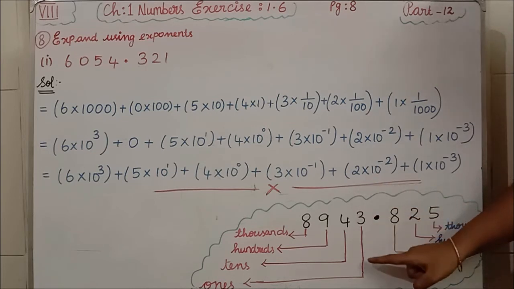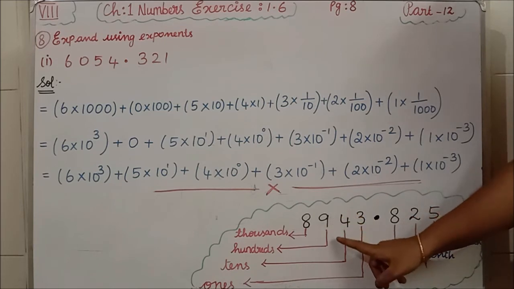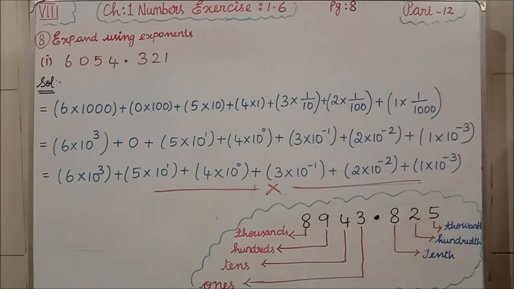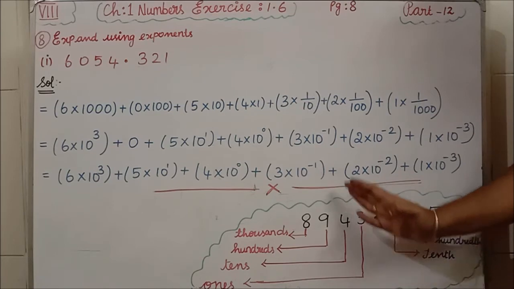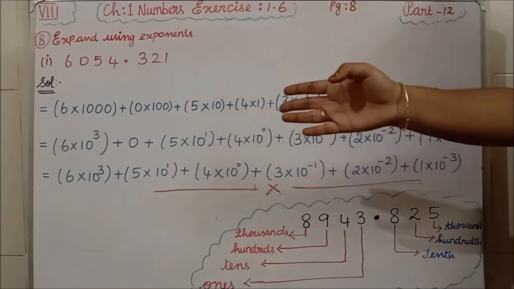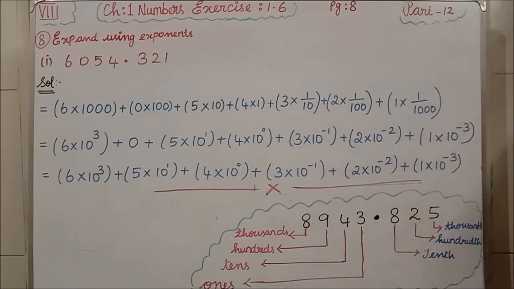3 is the ones place, 4 is the tens place, 9 is the hundreds place, 8 is the thousands place. You all know from the last we will say ones, tens, hundreds, thousands, 10,000, lakh, 10 lakh, like that you will go, isn't it? Now, after the decimal, how will you say the place value? Okay, that we'll see now.